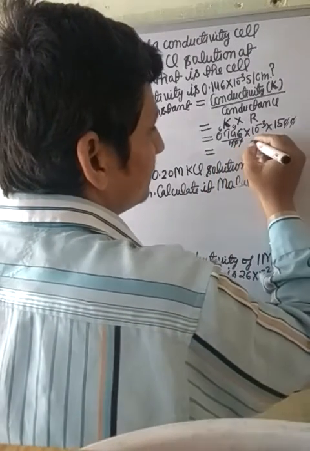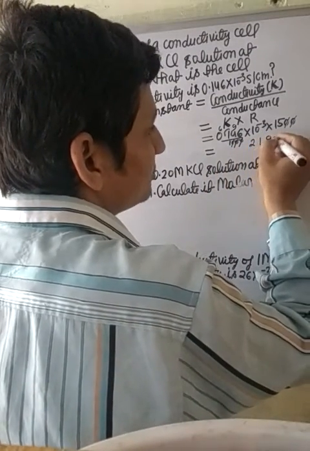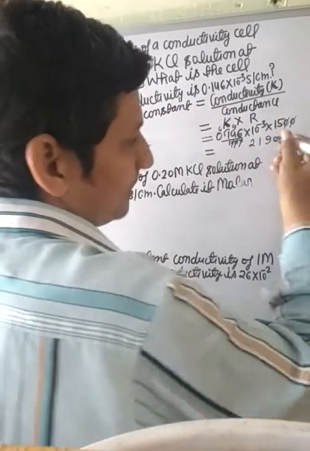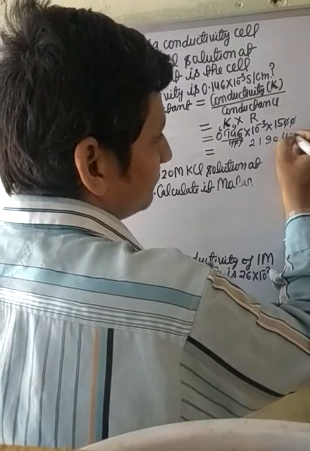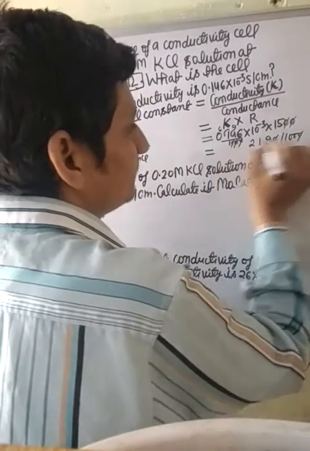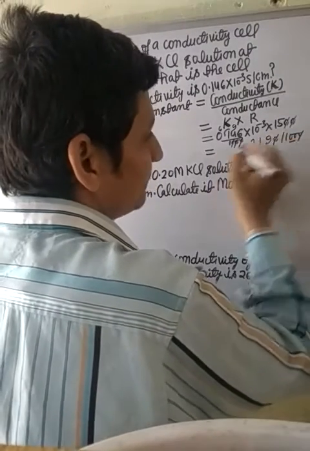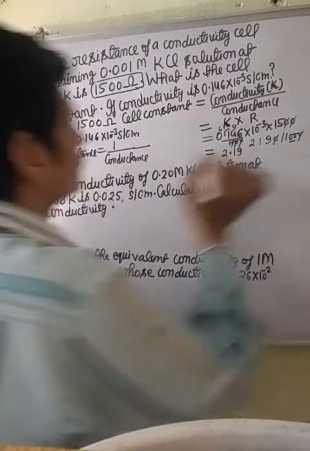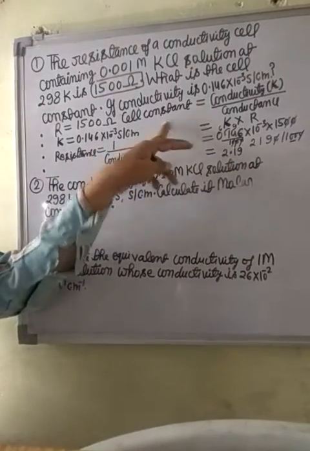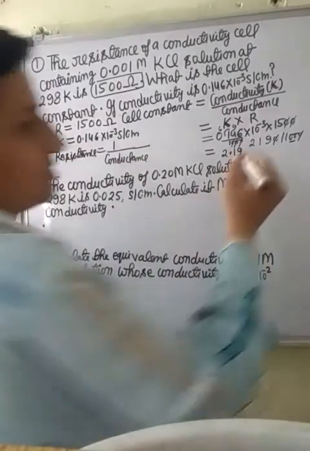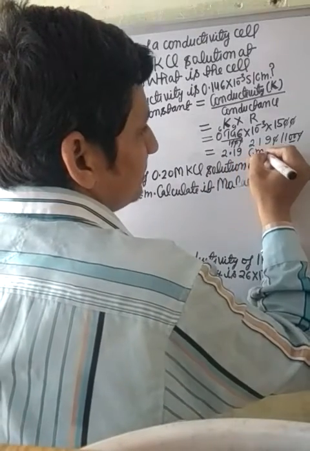So we get 2190 into 10 to the power minus 3. Three zeros cancel, so we get 2.19 after placing the decimal after two digits. So the value of cell constant is 2.19 and the unit of cell constant is centimeter inverse.